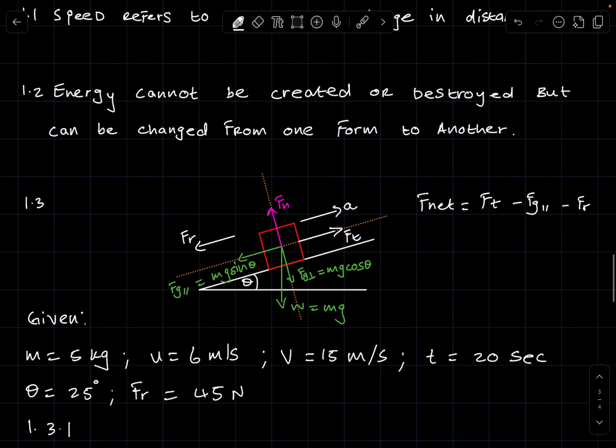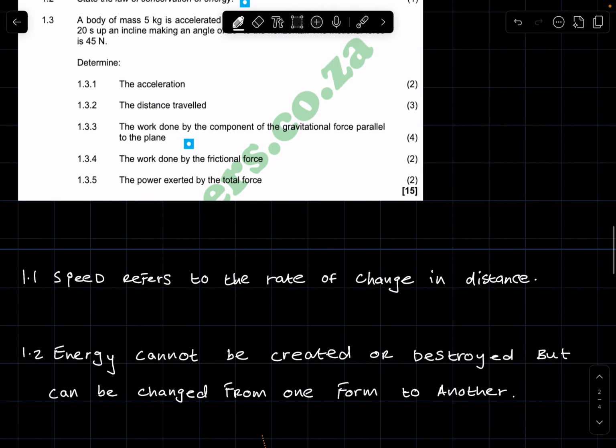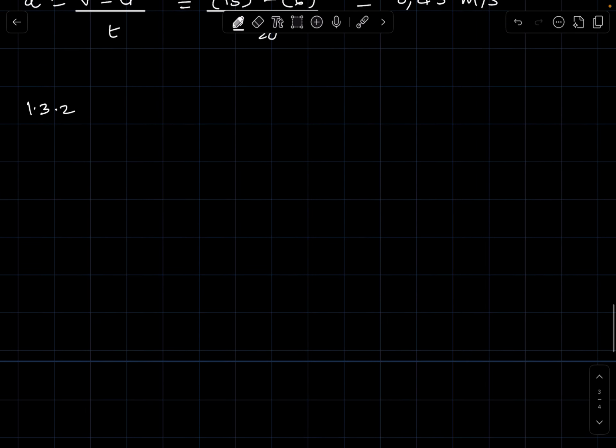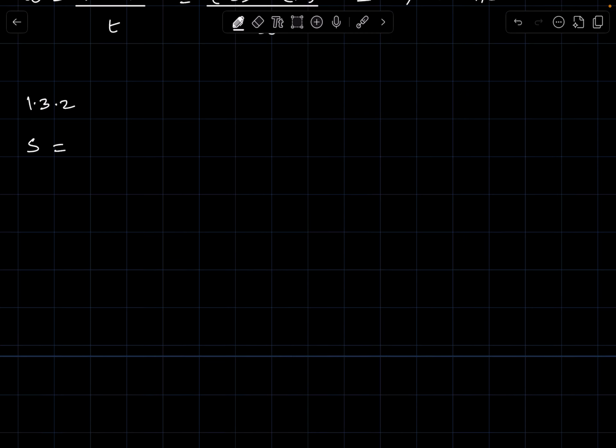1.3.2. What are we looking for? The distance traveled. As far as the distance traveled, you can simply use equations of motion here as well. So I'm going to use this one. S is equal to the average velocity times time. Because at least with this one, it only encompasses quantities that have been given.